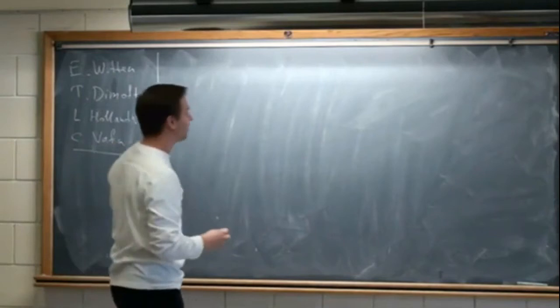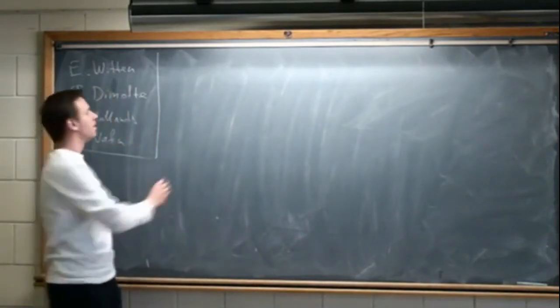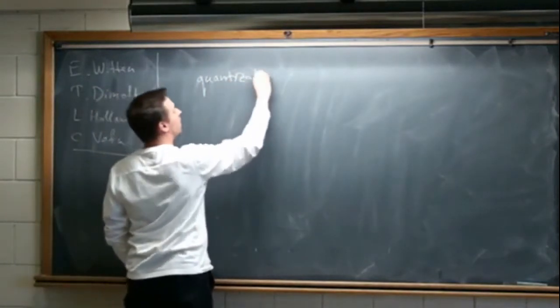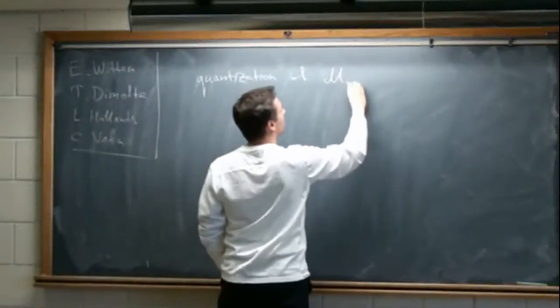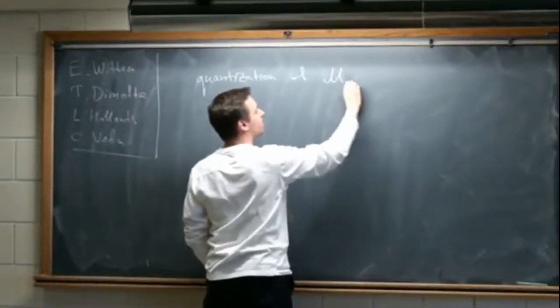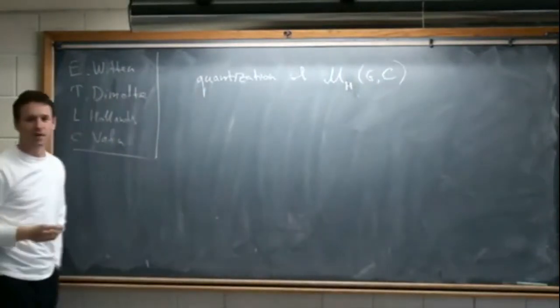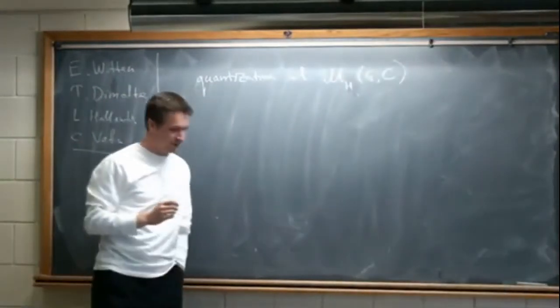So I want to start with a problem that has been discussed to some extent here, namely quantization of the Hitchin moduli space, denoted by M_H(G, C). C is a Riemann surface, and G is a compact Lie group, as has been mentioned in a number of talks.